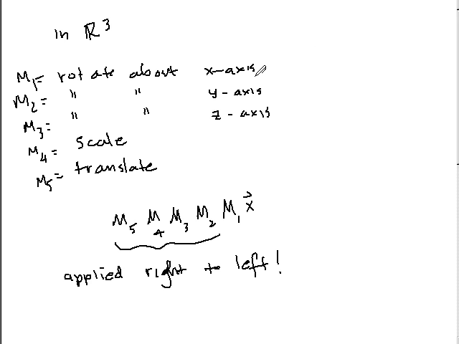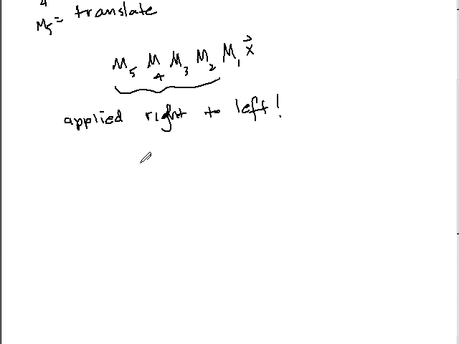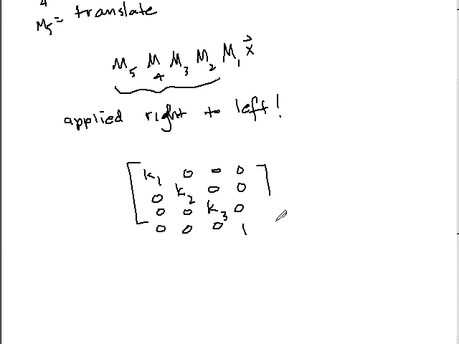Now we've talked about these 3 matrices. Let me show you the scaling matrix. If I take the following matrix, say, with constant 1, constant 2, constant 3, 1 on the diagonal, and I multiply it by any x, y, z, 1, what does that give me?